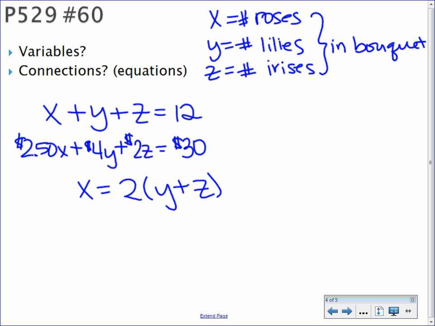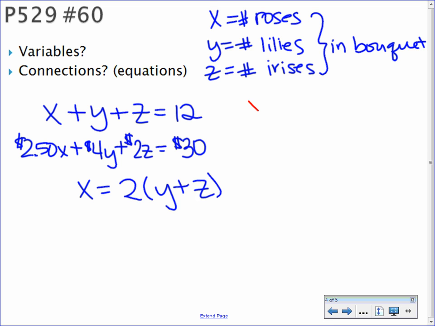There are twice as many roses as there are the other flowers. So if I want the roses to equal the other flowers, I'm going to have to double the other flowers so that we're balanced. Right? Looks backwards, but it makes sense this way, correct?